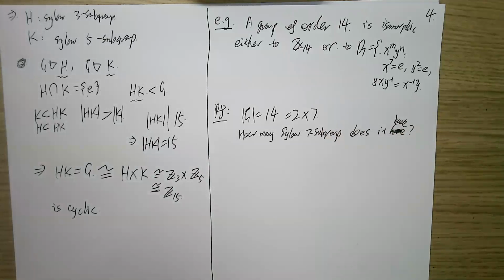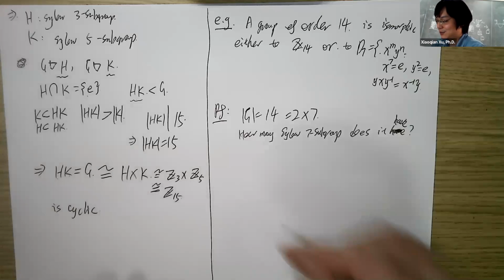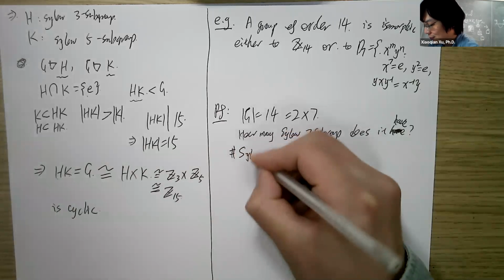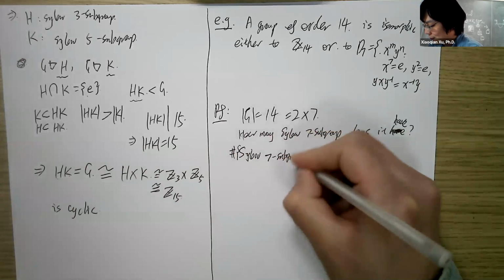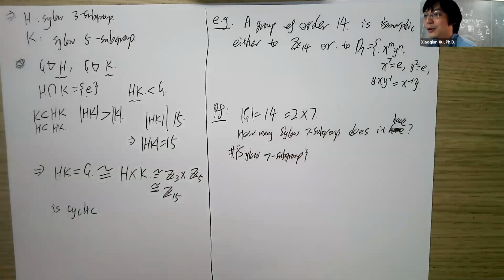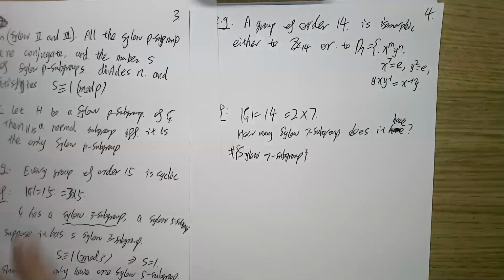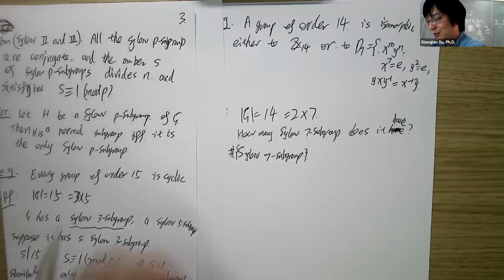Two? Why is it 2? So what can we say about the number of Sylow 7-subgroups? We have these theorems, right?